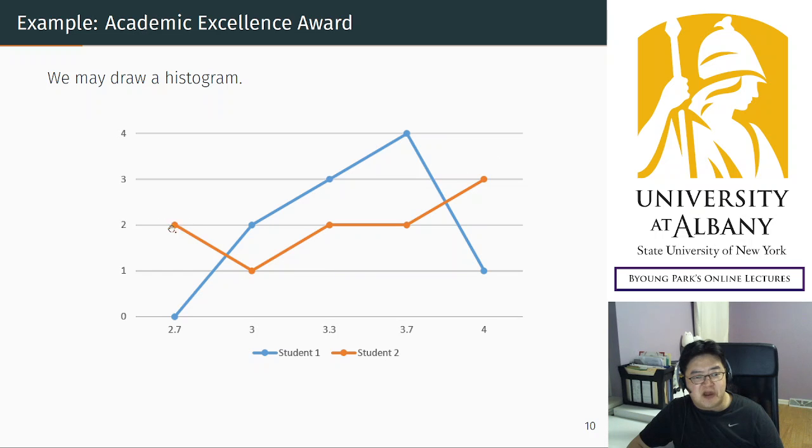But still it's not informative. It's higher here. Blue student 1 has a higher frequency in this area, but low here and low here. What does it mean? It's not easy to see what's going on.